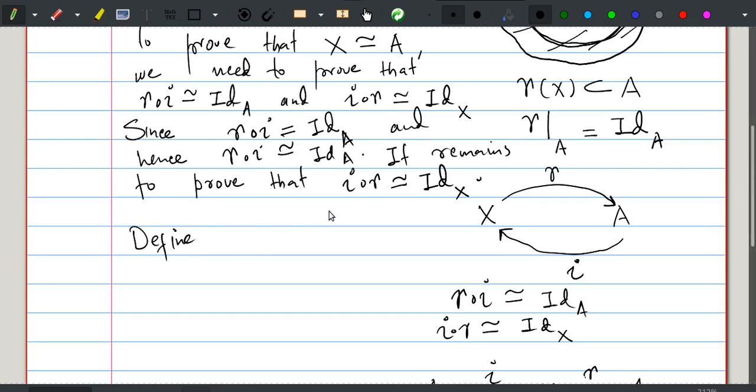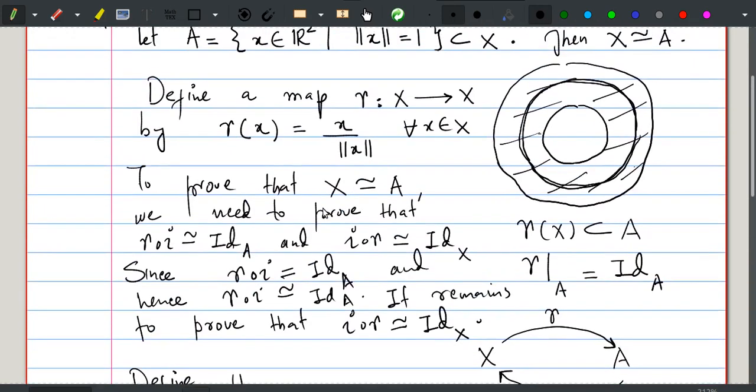This is called the linear homotopy. One can note that here I from A to X is the inclusion map.